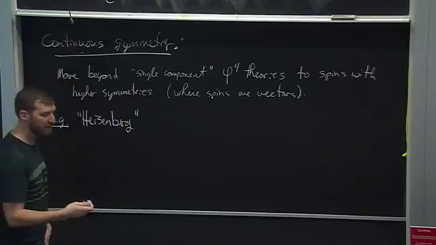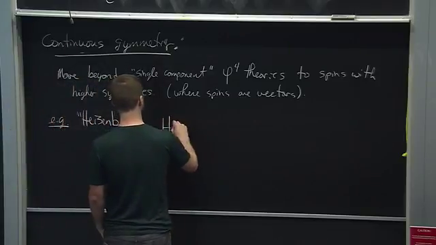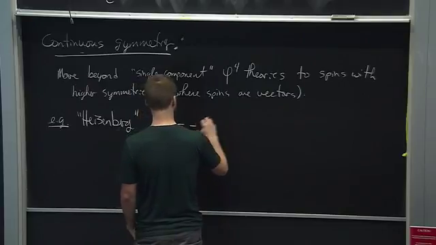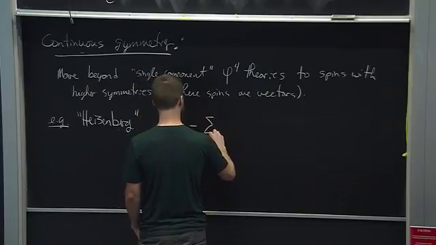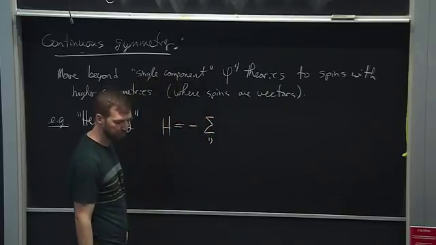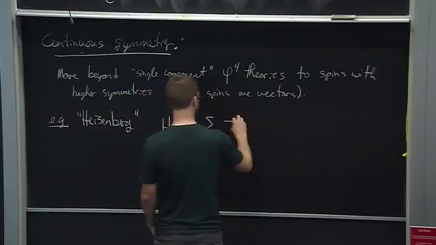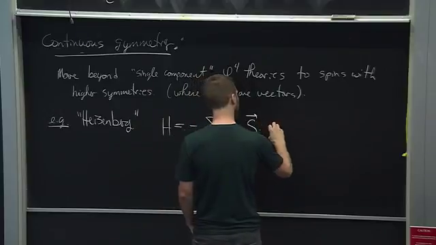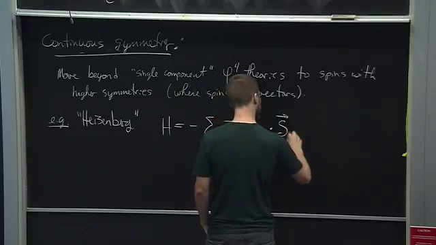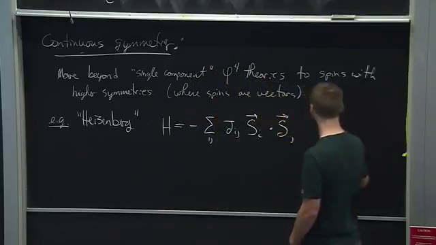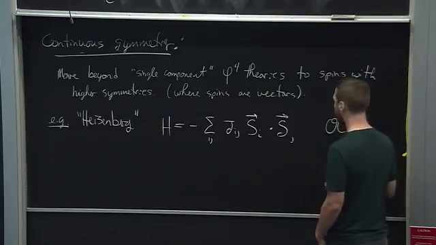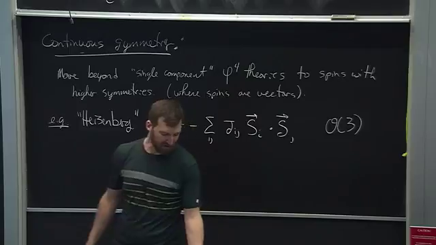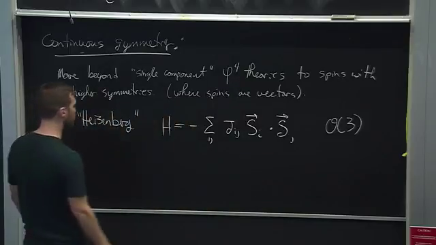A Heisenberg magnet I would write, in general, as J_ij S_i dot S_j. So that'd be an O3, a full three-dimensional space, a three-component vector.